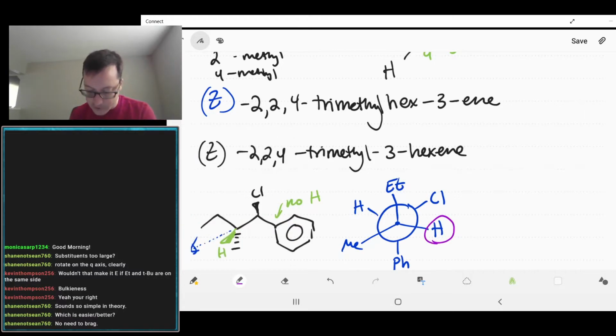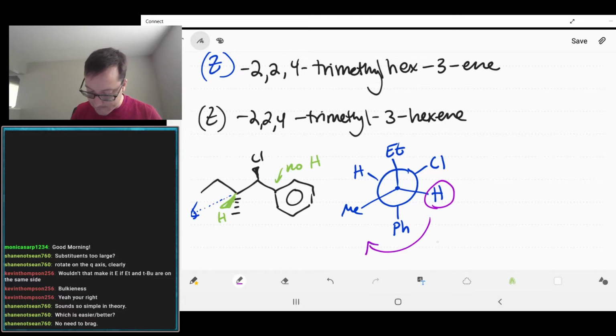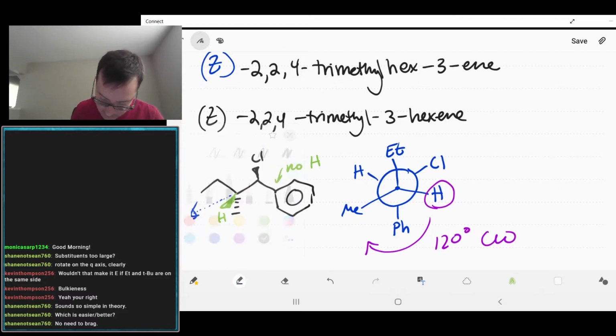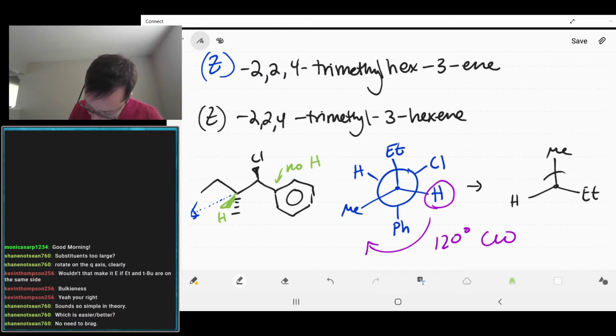I need this hydrogen because the chlorine's on the back carbon. I need my front carbon hydrogen to be where the methyl is. So I'm going to rotate 120 degrees clockwise, giving us this. That carbon stays the same.